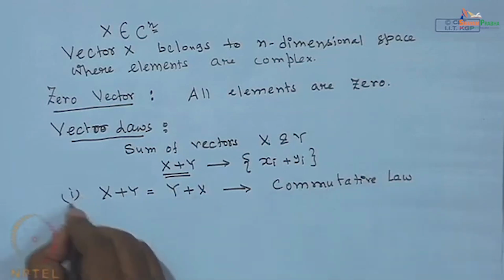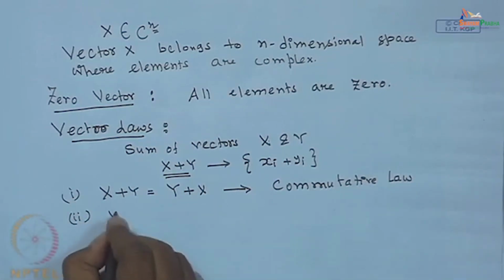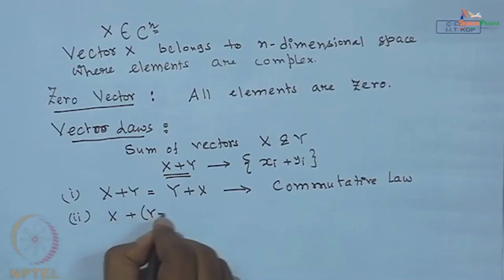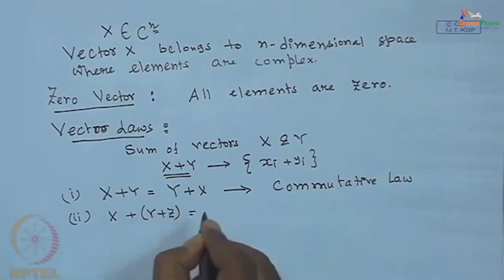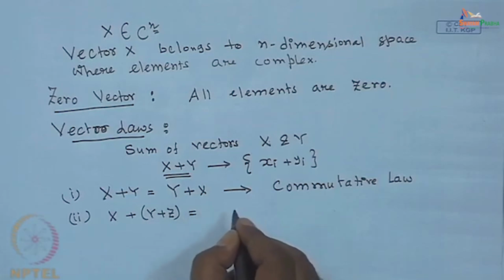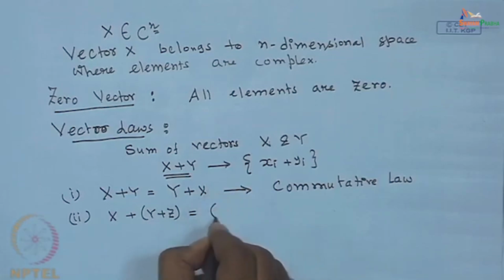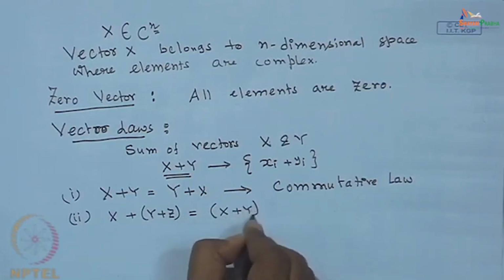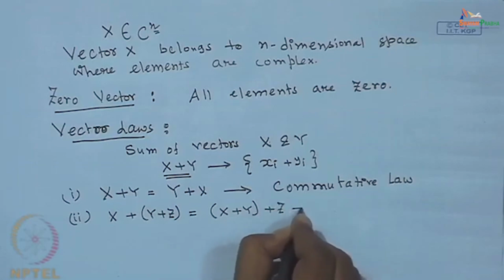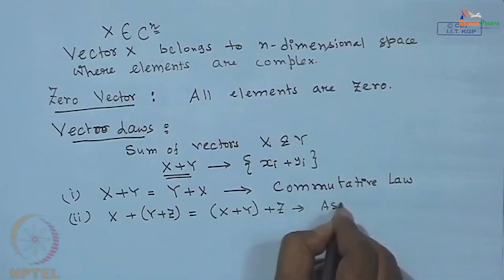Next vector law: suppose there are three vectors x, y and z, then x plus y plus z will be identical to x plus y plus z, grouped in any order. This is known as the associative law.